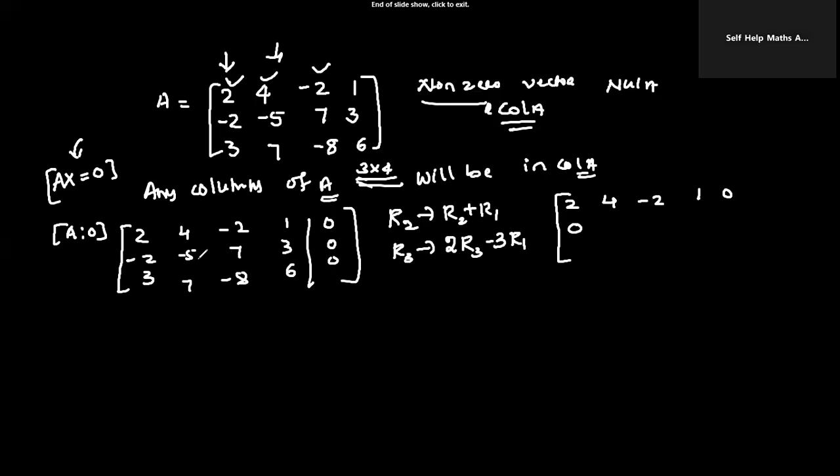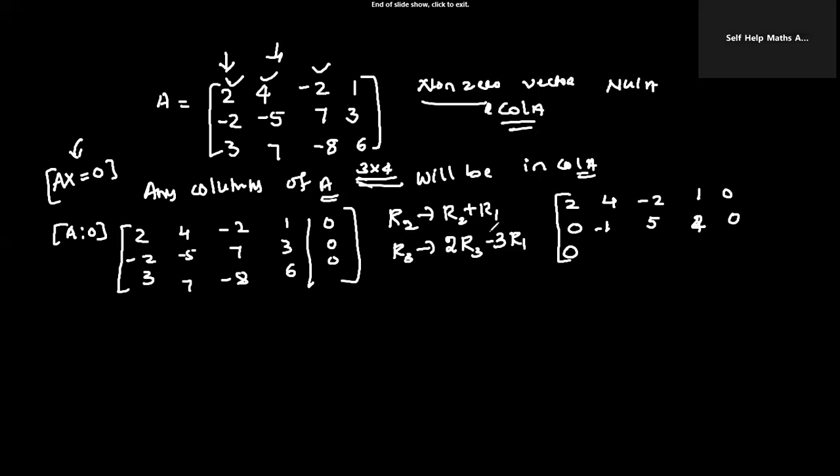Then minus 5 plus 4, which is equal to minus 1, and 7 minus 2, that is 5, then 2, 3 plus 1, which is a plus, right? So it is 4, and then it is 0. Similarly this row, after multiplying this with 3 and this with 2, we get 0 here, and this with the 2, it is 14 minus 12, right?